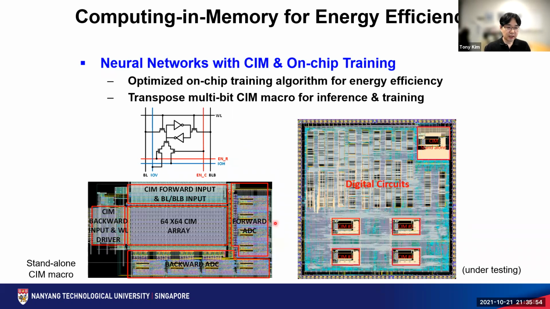And this chip is showing a tiny neural network, including in-memory computing accelerator and on-chip training accelerator. Here, this one is showing the in-memory computing accelerator, and it is repeated 4 times because we have 4 layers in this tiny neural network. And then in this digital circuit part, we implemented multiple tiny convolutional layers together with on-chip training, so that you don't need to train using a computer.